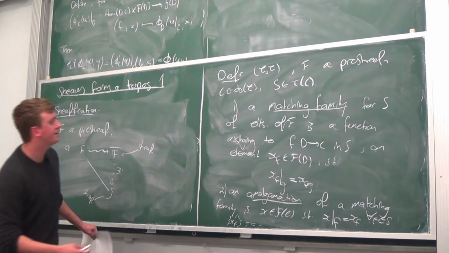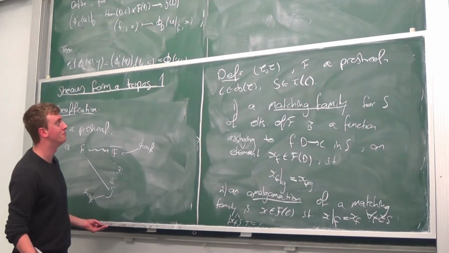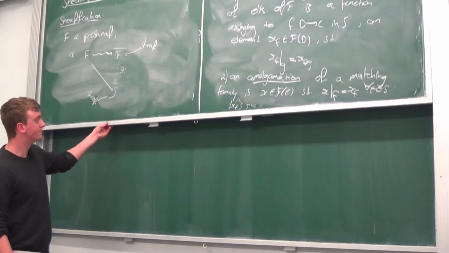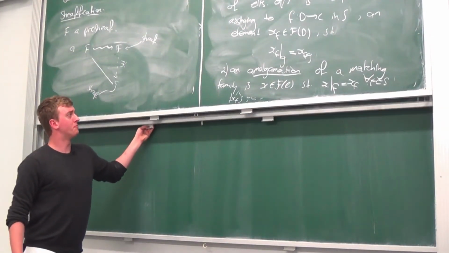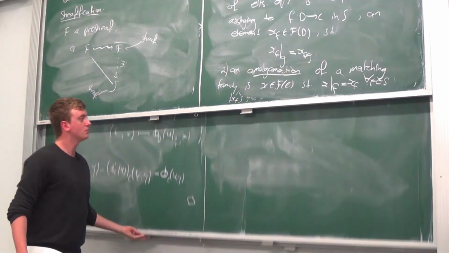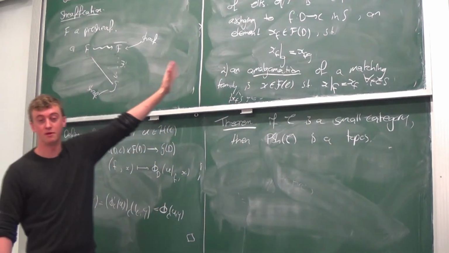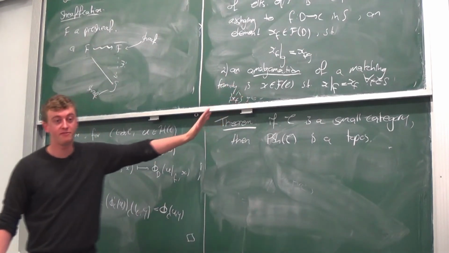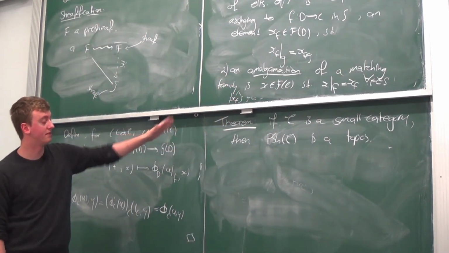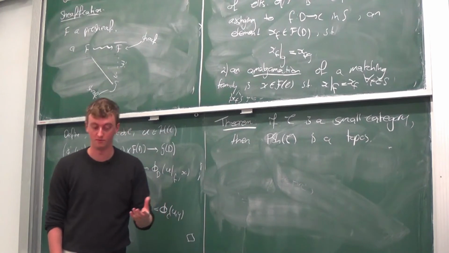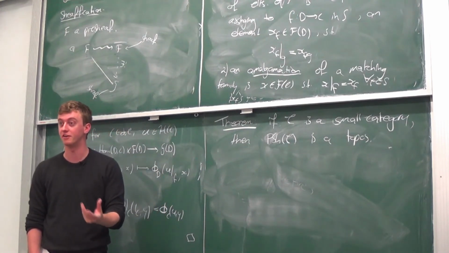Okay, so how does this relate back to the definition of sheaves I gave previously? Well, from the topological picture, a matching family, if we were on a site coming from a topological space, is exactly the same thing as a collection of sections over elements of an open cover which agree on intersections.